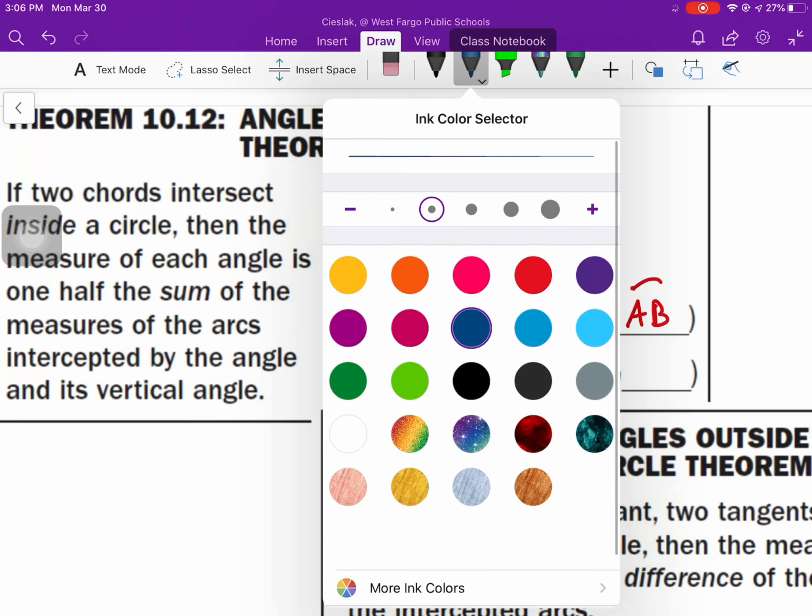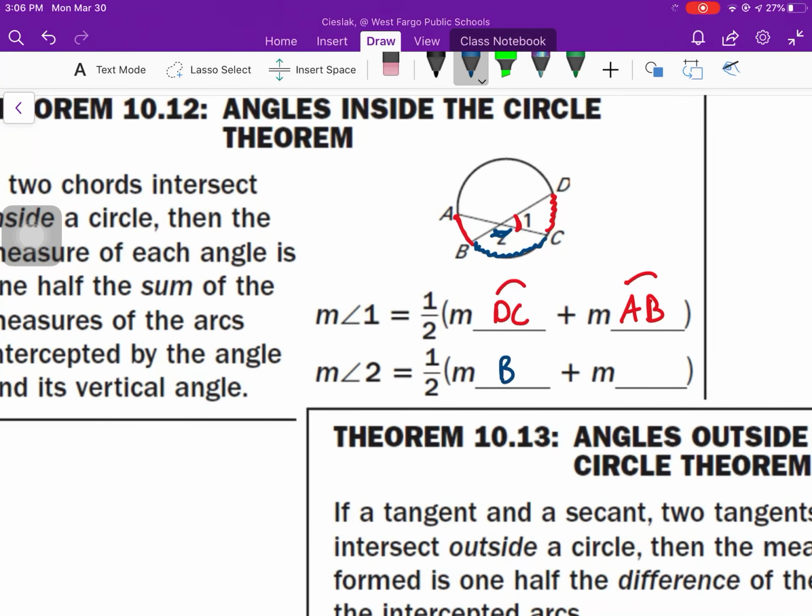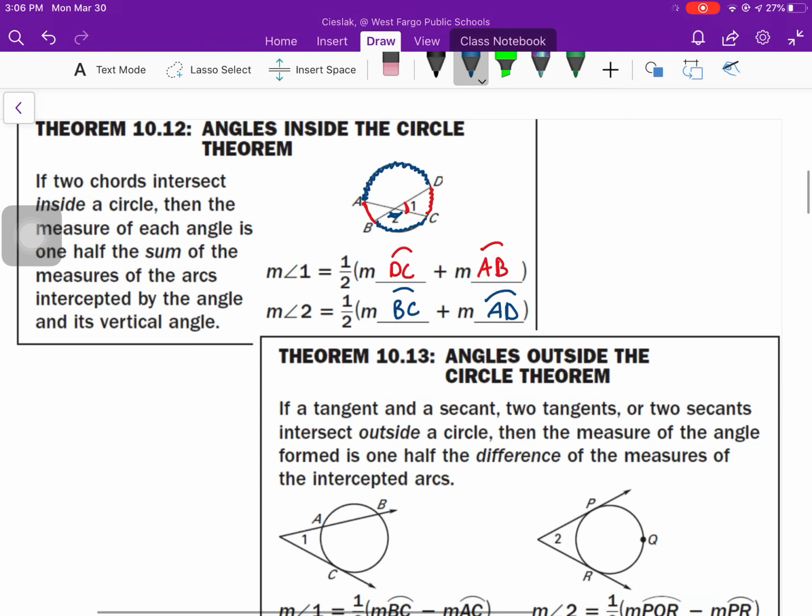We'll switch up colors to show you the next one. For the measure of angle 2, I'm looking at this angle right here. This is its intercepted arc, so I could say the measure of arc BC plus the one that is intercepted by its vertical angle right there, arc AD.